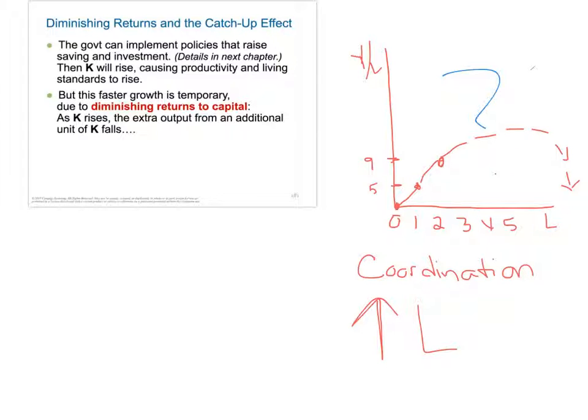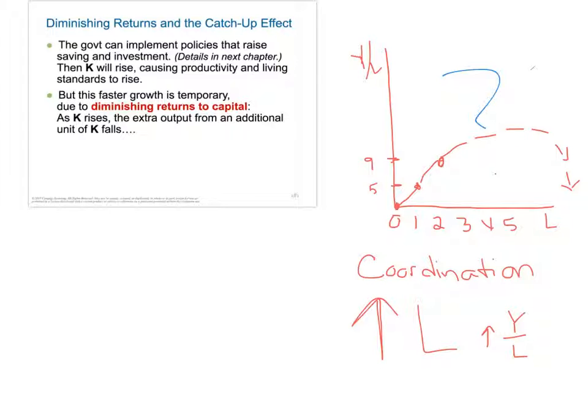And that coordination takes away from productivity. And so productivity will increase, our output per worker will increase, but it will increase at a decreasing rate. And this is the idea of diminishing returns to capital.